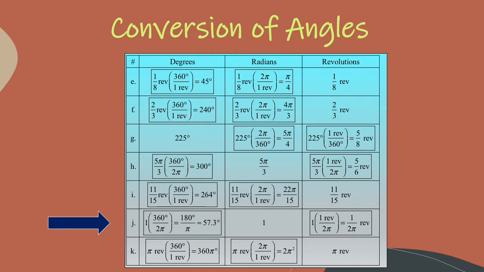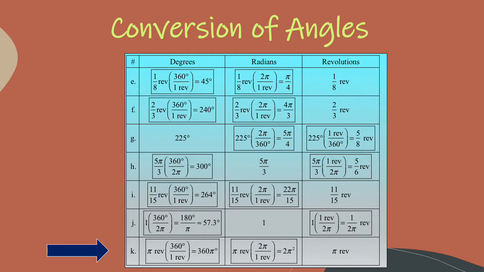Some students will memorize this using the Heinz 57 varieties of ketchup. But it is important to know that 1 radian is approximately 57 degrees. In terms of revolutions, we multiply our 1 times 1 revolution over 2 pi, getting 1 over 2 pi revolutions.